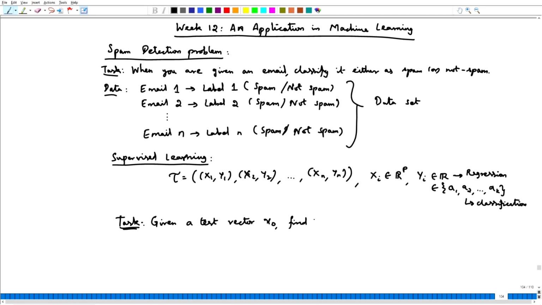So, I have told you that when the vector is x1 the label is y1, when the vector is x2 the label is y2, and so on, when the vector is xn the label is yn. Now, I am going to give a completely new vector x naught, and I am going to ask you to find y naught. So, that is actually the task.